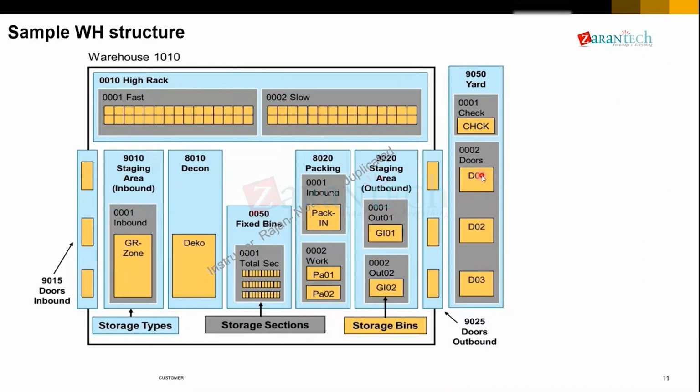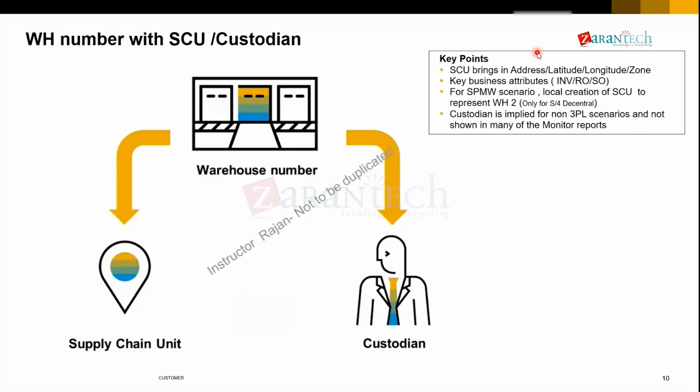It's called dock to door, and then you do unloading or loading. In the case of outbound, you just load it and then trigger the goods issue, either when loading is completed or when the truck departs from the checkout gate. Any questions on this slide?